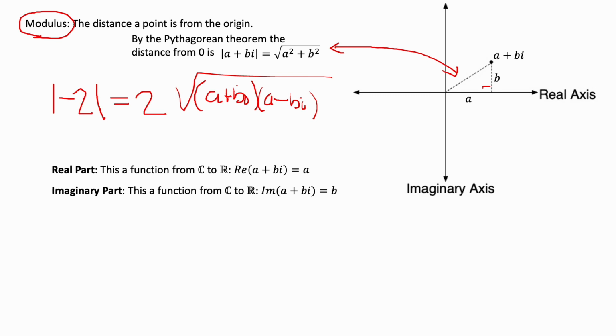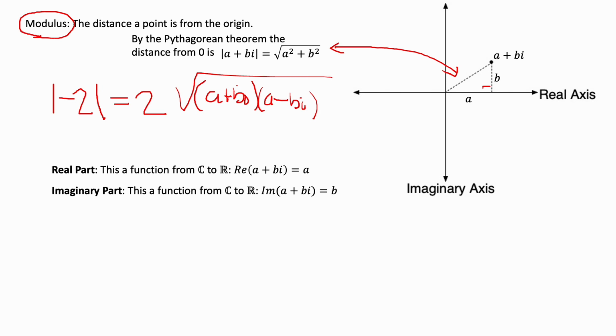Now, one thing, these are 2 functions that are from complex numbers, and these are real functions. But we have to use them in our tests on Brightspace, because Brightspace is not a very sophisticated program, mathematically speaking, and so I can only ask one question at a time.